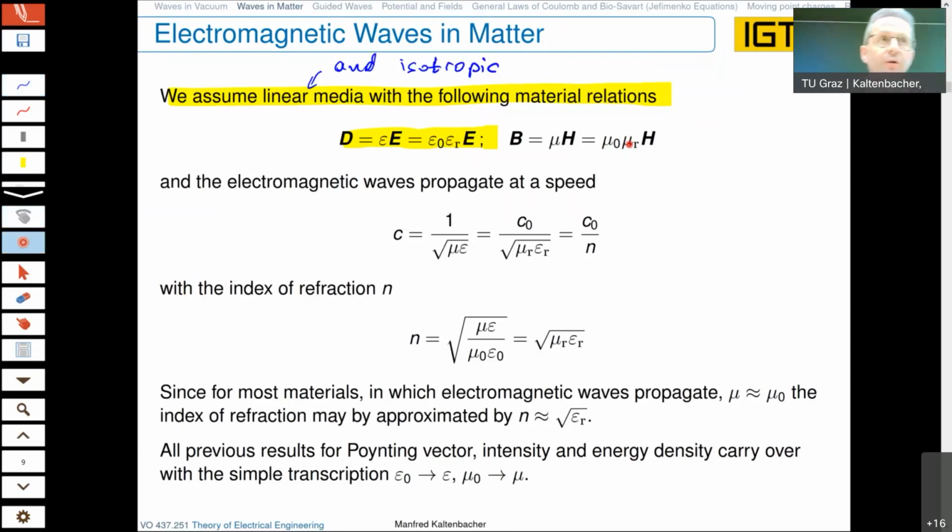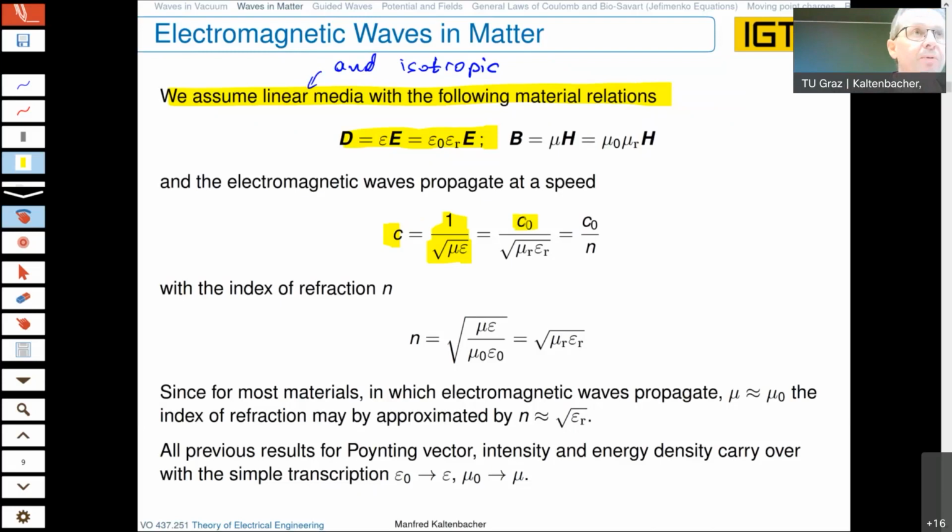Instead of epsilon 0 and mu 0, we will have epsilon and mu, which we can decompose into epsilon 0, epsilon r, and mu 0 and mu r, which means our speed of the wave is now 1 over the square root of the permeability times the permittivity. We can simply also express that by the speed of the waves in vacuum, approximately in air.